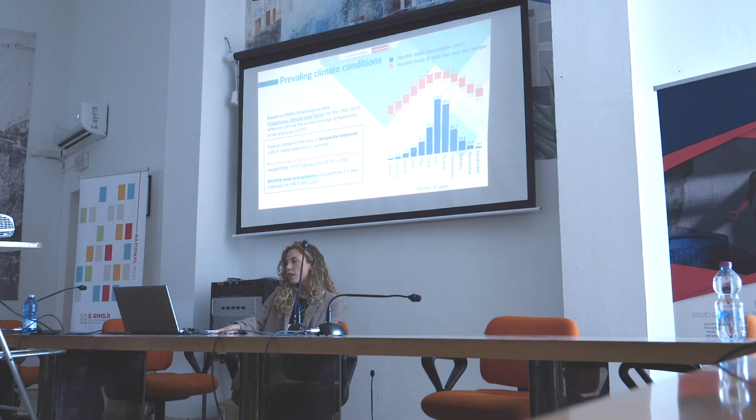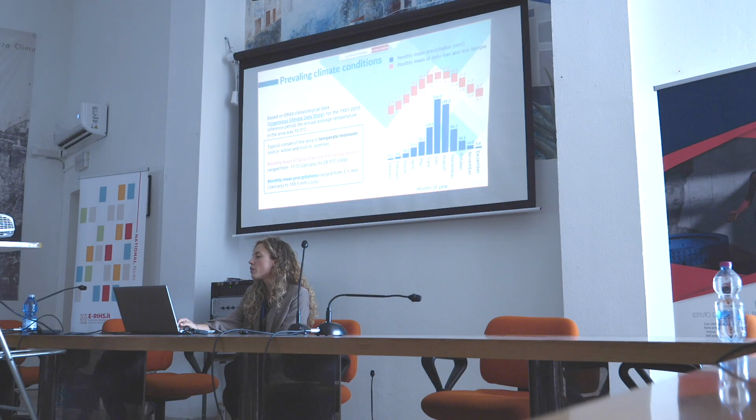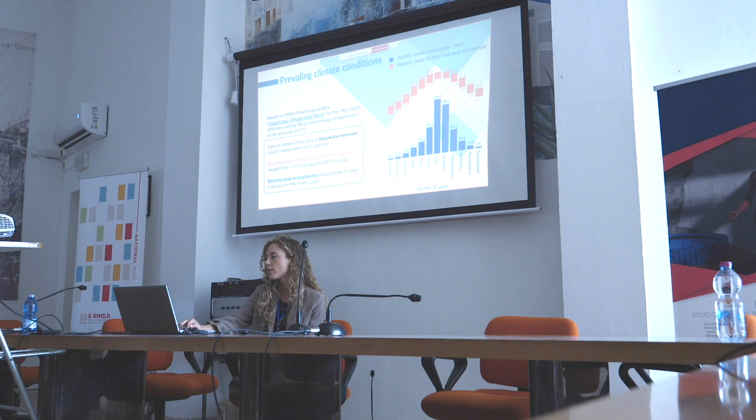Since in this case we had no availability of on-site monitoring data, we gathered the climatology of the area through high time and space resolution environmental data downloaded from the European Copernicus portal.